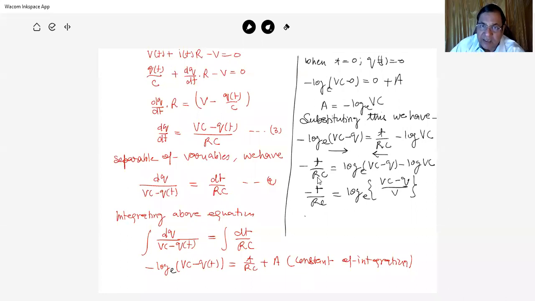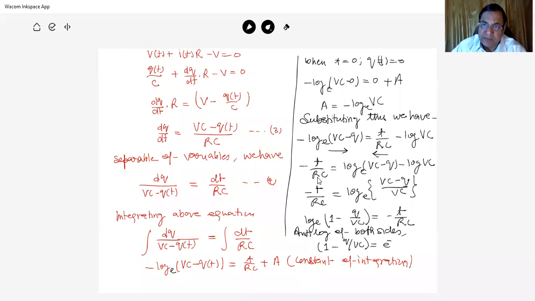तो ये हो जाएगा log base e of 1 minus q upon Vc is equal to minus t upon RC, or anti-log of both sides. एंटी-लॉग होने पे क्या होगा, 1 minus q by Vc is equal to e raised to the power minus t upon RC.